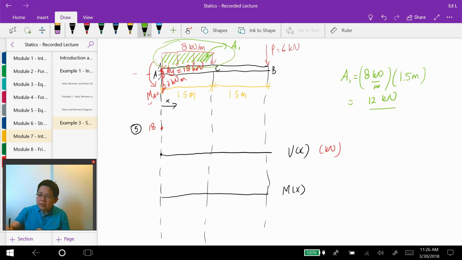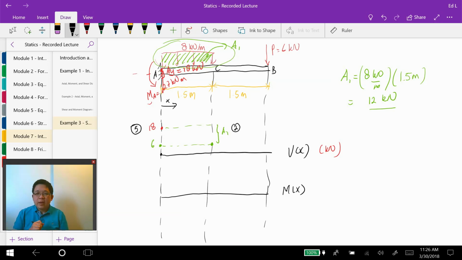The area under the distributed force is 12, so the change in here is A1, and because it's negative, it goes downward. So the value in here is 18 minus 12, which is equal to 6. I will note that here we apply rule number 2.